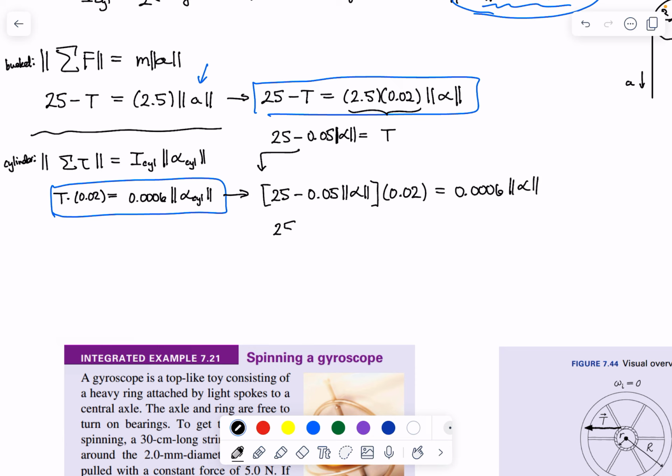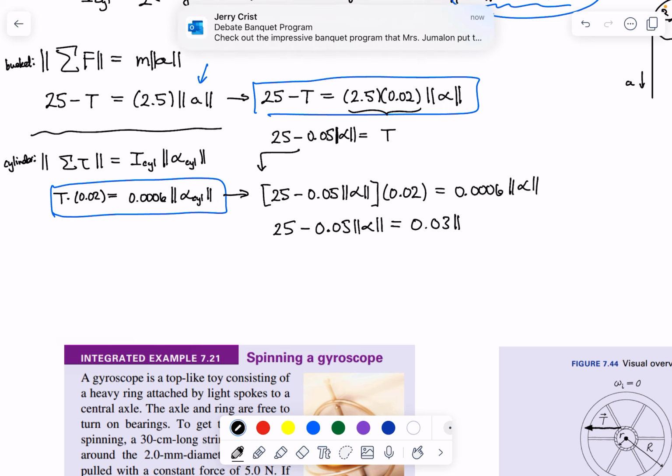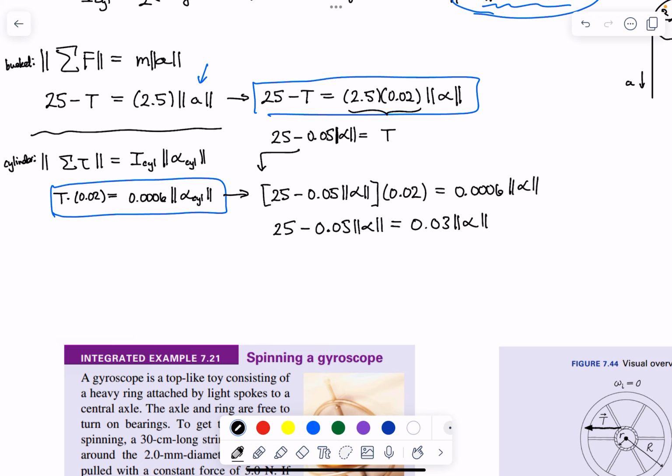So we have 25 minus 0.05 alpha equals 0.03 alpha. Let me add those like terms to the other side. I'll get 0.08 alpha. And if I solve for alpha, 25 divided by 0.08 is 312.5. This will be in radians per second squared.